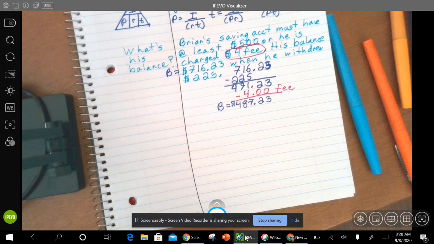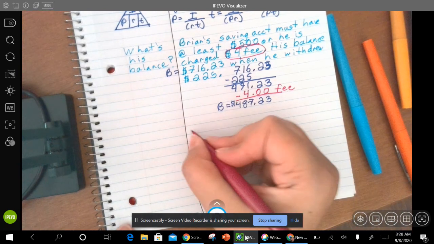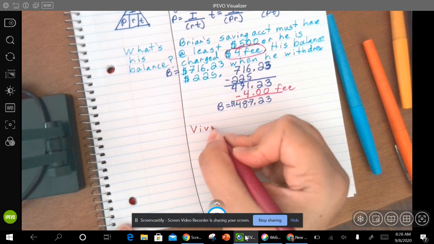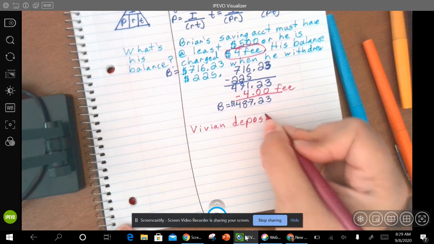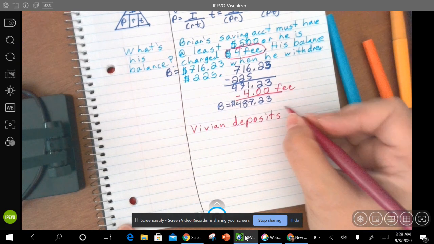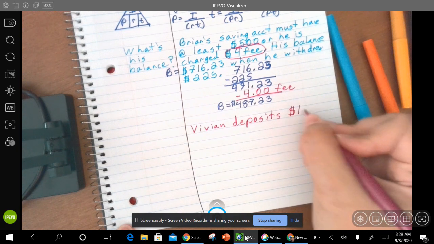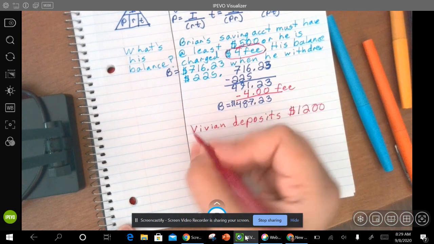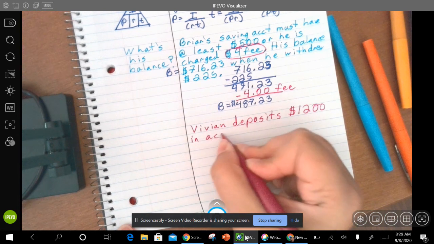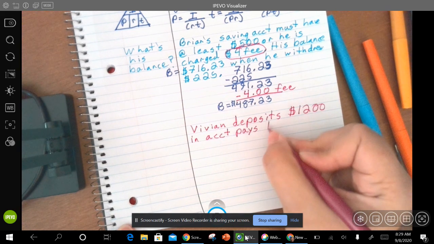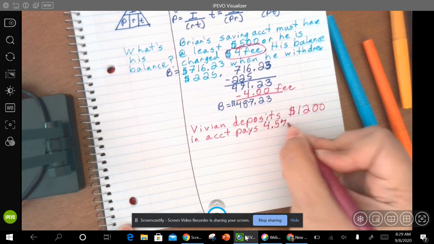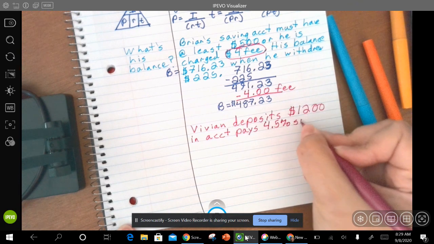Looking at another one, let's say that Vivian deposits $1,200 into her account that pays 4.5% simple interest.